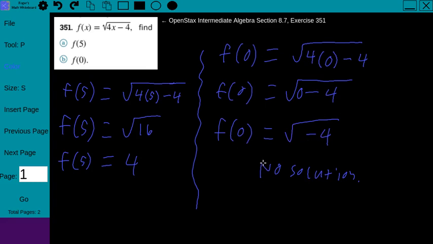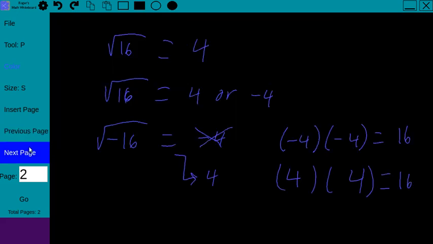So there isn't any real solution to part B. You can see that here: there's nothing we could put in both of these brackets that would be the same in both and get us a negative value, because if we multiply something by itself, we inherently get a positive value out.